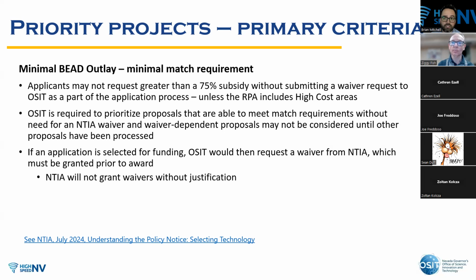The second thing I'll say is that the scoring is based on, as Ziggy mentioned, a reference price. All of those reference prices have been available now for a week or two on the website. Those reference prices are essentially the mechanism that we're using to score. You may not agree with the reference price. You may think it costs more than the reference price to serve that area. Or you may think it costs less.